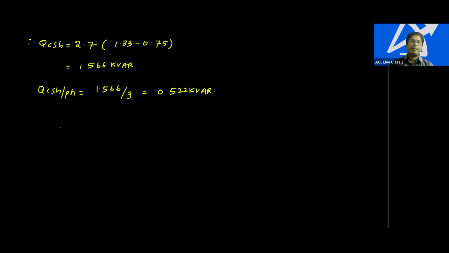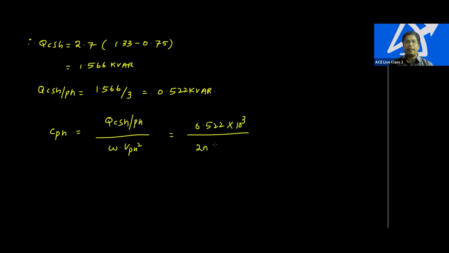We know the capacitance formula: capacitance per phase is QCSH per phase divided by omega into V phase square. It is 0.522 kVAR into 10 power 3 divided by omega, which is 2 pi into 50, into V phase square.